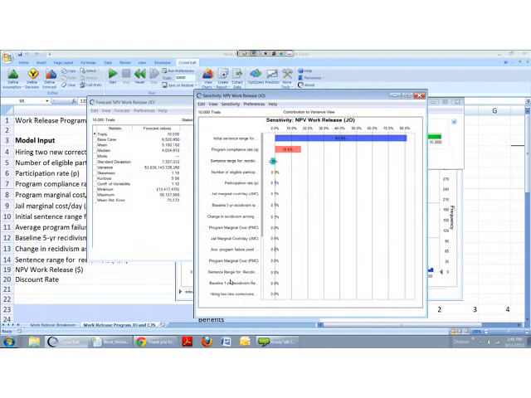So it's showing you that the initial sentence range for, I think, recidivists is very important, as is the program compliance rate. And most of these other inputs are actually quite negligible. So that is some valuable information because it can direct us to saying, oh, we better go try to get more data about this in order to have a better idea of how well our program will work.